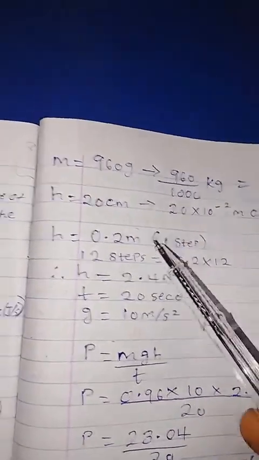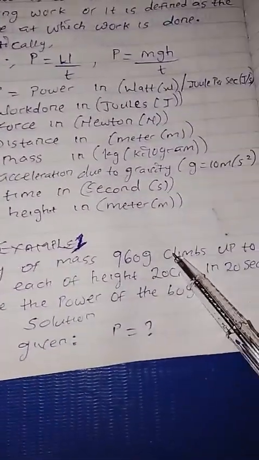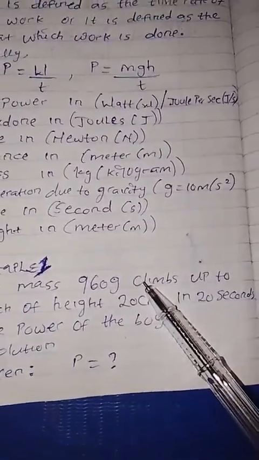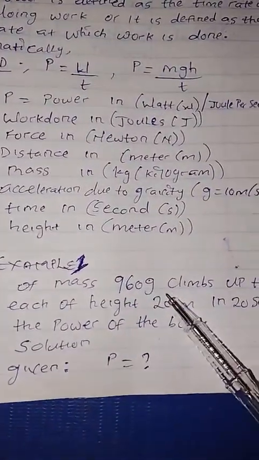Now, I wrote one step because when we are reading the question, they said a boy of mass 960 gram climbs up to 12 steps, each of height 20 centimeter.